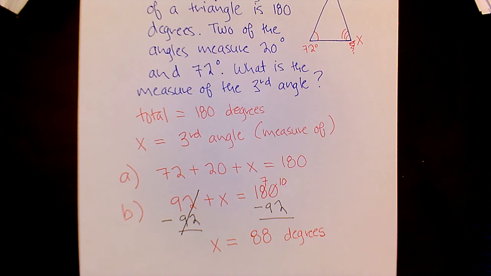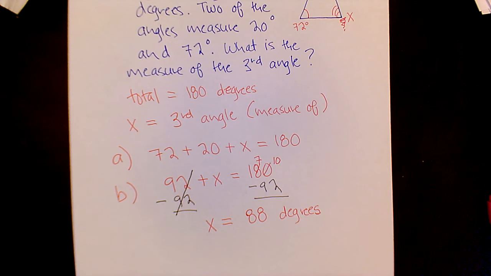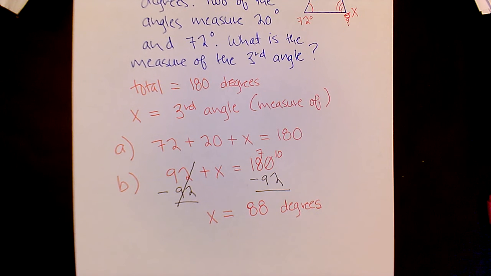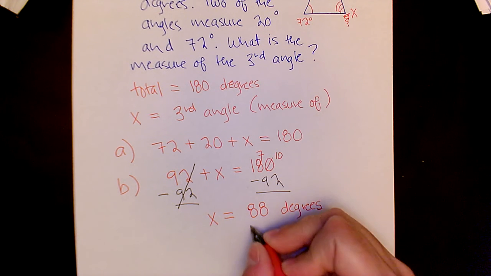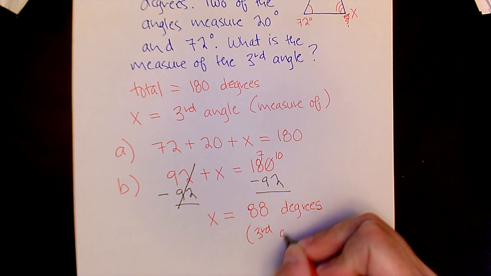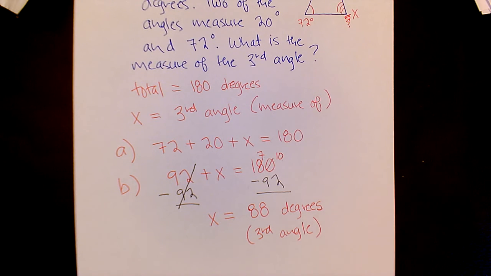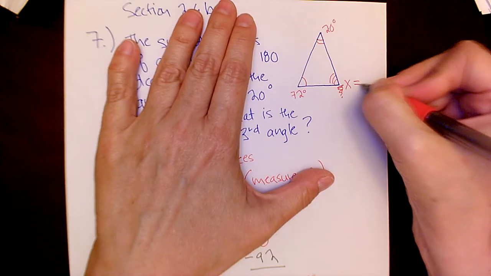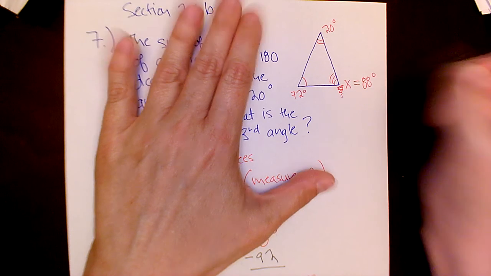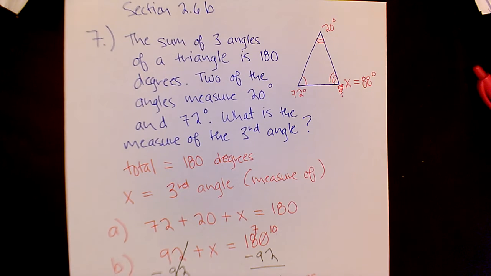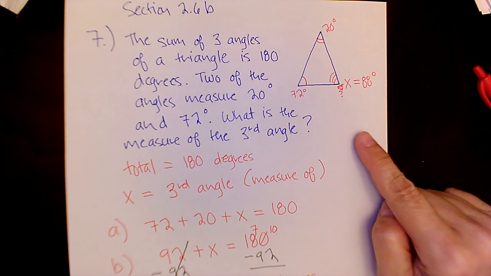And what does that mean? Well, that means that the third angle is 88 degrees. So back up in my picture. So this third angle is 88 degrees.